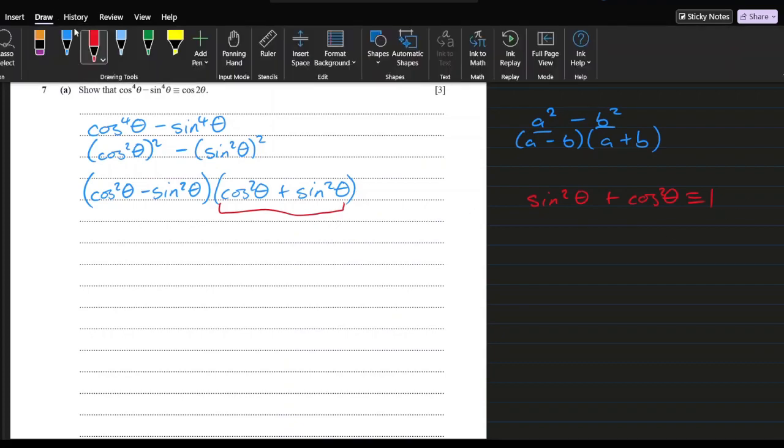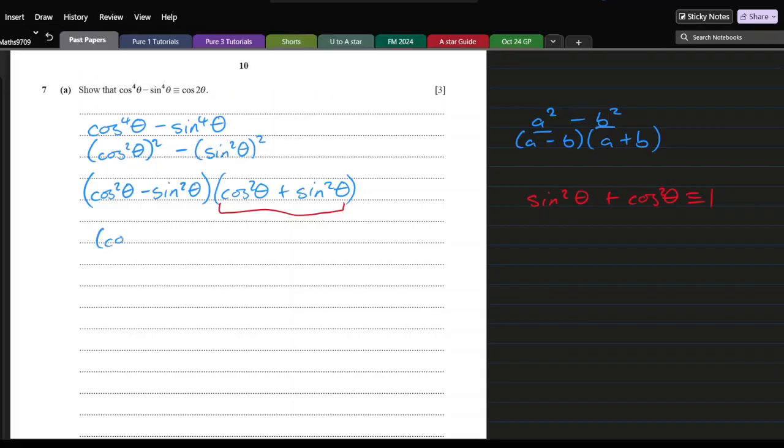So this becomes cos squared theta minus sine squared theta multiplied by 1. And this is cos squared theta minus sine squared theta. And we know that this is in fact identical to cos 2 theta. And we have proved the identity.